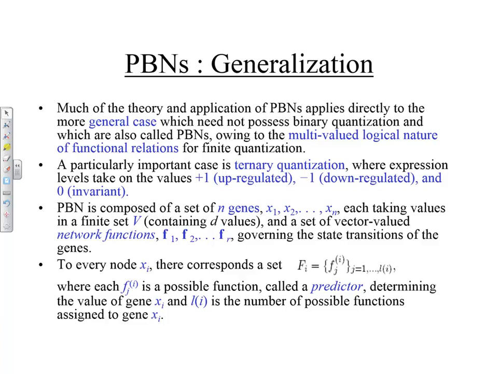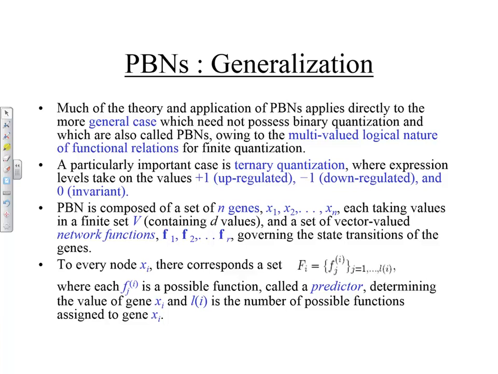Now, much of the theory and application of PBNs, which are binary, 1 and 0, the two states, applies directly to the more general case, which need not possess binary quantization, and which are also called PBNs, owing to the multi-valued logical nature of functional relations for finite quantization. For example, you have ternary. We have seen in the microarray case, when you look at the data, red over green significantly greater than 1, red over green almost 1, red over green significantly less than 1.